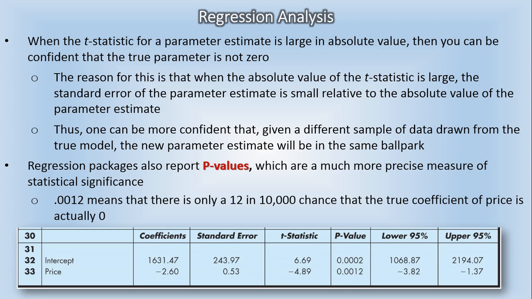That in reality, in all the data of all price quantity combinations for all TV markets, there's a 12 in 10,000 chance that price has actually no effect on quantity demanded. So there's a ridiculously small chance that that's the case, meaning that our estimate is, again, reinforced to be statistically significant.